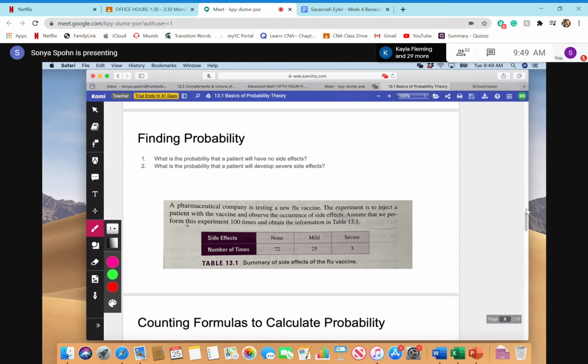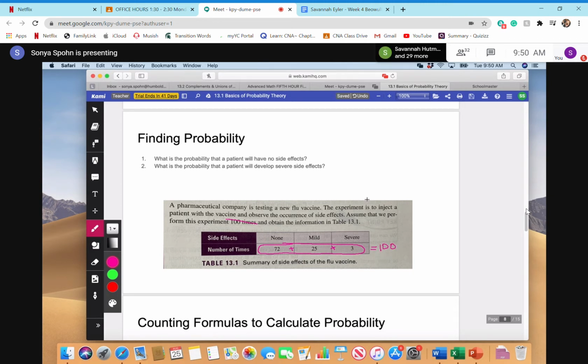Assume that we perform this experiment 100 times and obtain the information in table 13.1. Even if you weren't given this information, let's say it doesn't tell us how many times it was observed, all we would have to do is take these and add them together. Sometimes it might just tell us, other times we're going to have to look at the total and add it together to get the total.